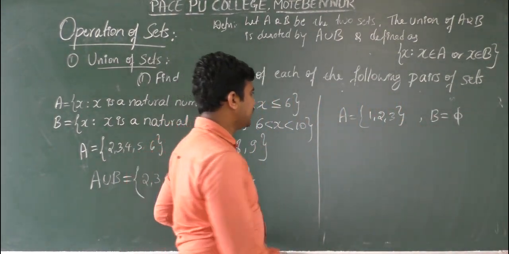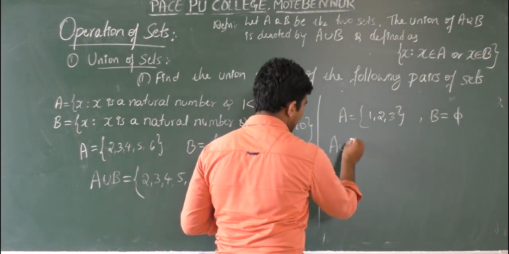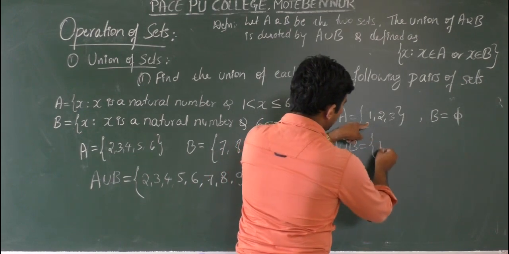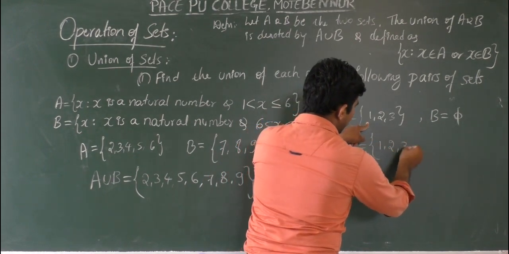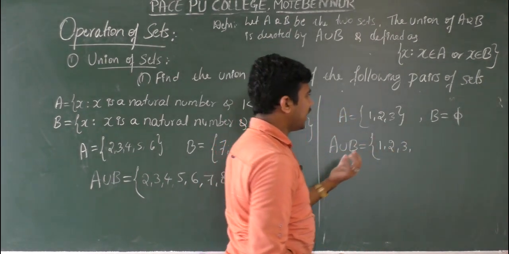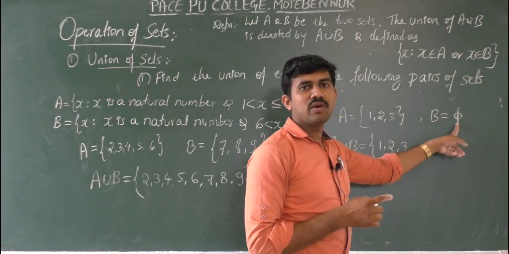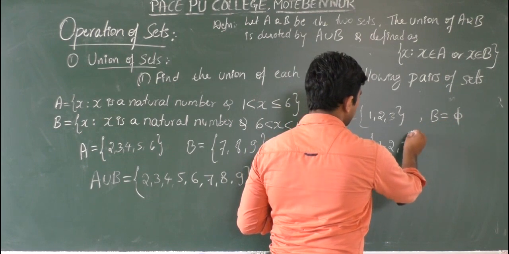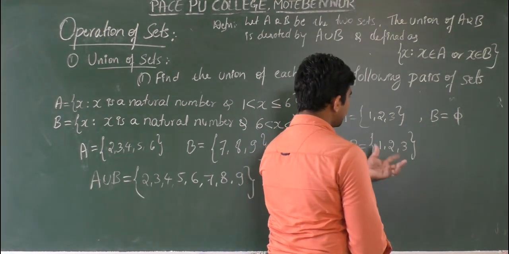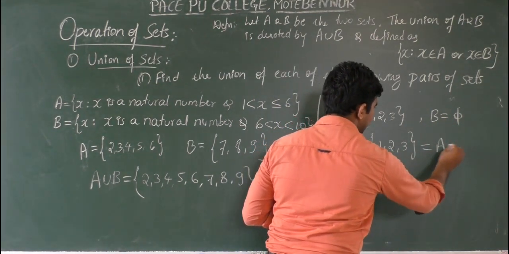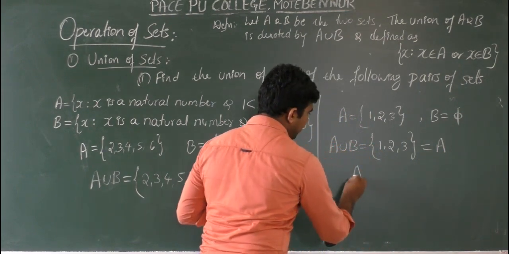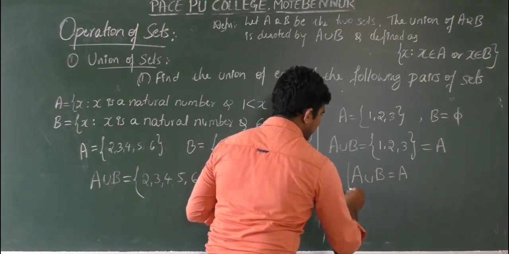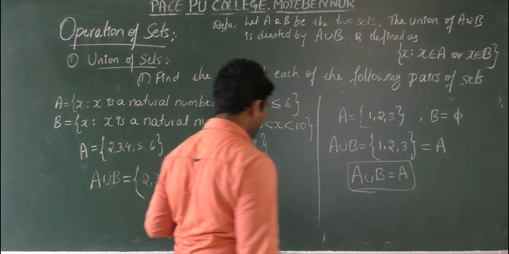A union B. This is equal to the set of all 1, 2, 3. Collect all the elements of A and all the elements of B. There is no element in B because it is a null set, so we will get only 1, 2, 3. This is nothing but our first set, A. So we got A union B is equal to A.